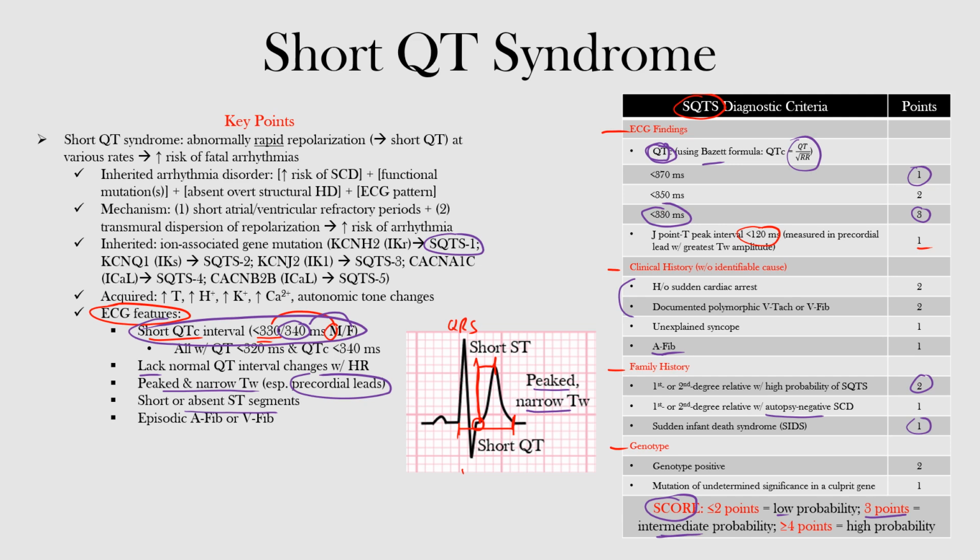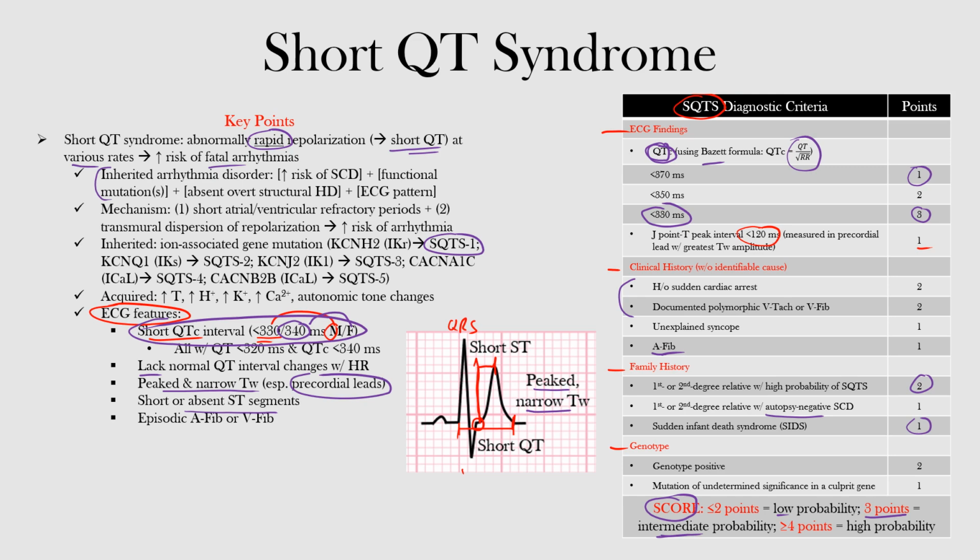So again, short QT syndrome is when you have abnormally rapid repolarization. That gives you that short QT interval. And remember, you're having this repolarization occurring at various rates, and all this combined leads to an increased risk of these fatal arrhythmias. Okay, we mentioned the things that inherited arrhythmia disorders have in common.